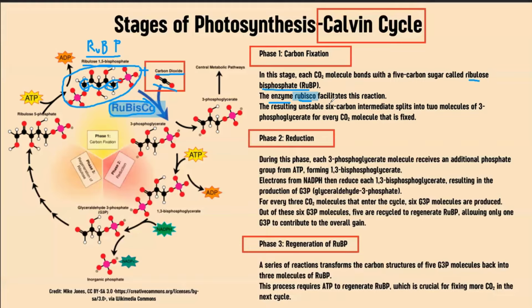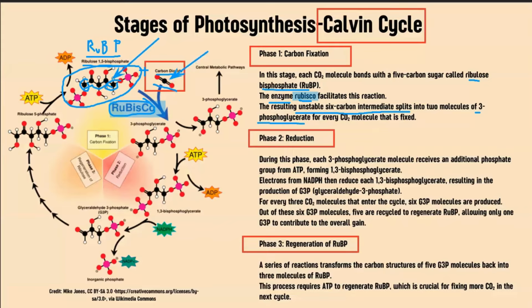So now the result, or the product, is going to be an unstable 6-carbon intermediate that splits. What that basically means is your RuBP, which has the 5 carbons here and the 1 carbon here, is going to combine and split into what we now consider 3-phosphoglycerate. Let me explain more in detail. Remember, you had the 5 carbons here and you had the 1 carbon there.